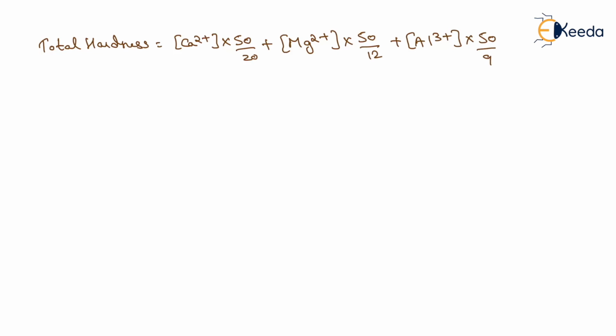Now in the question we have the values of magnesium, calcium and aluminium, so we write it as 40 into 50 divided by 20, plus the concentration of magnesium, which is given as 30, into 50 divided by 12. Similarly, for aluminium Al3+ the value is 3 into 50 divided by 9.